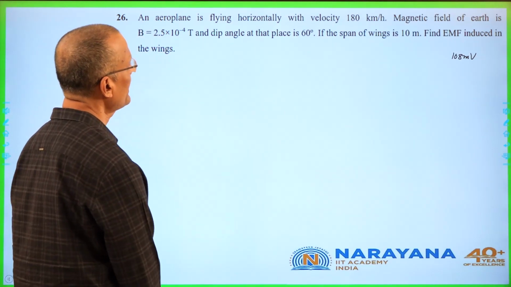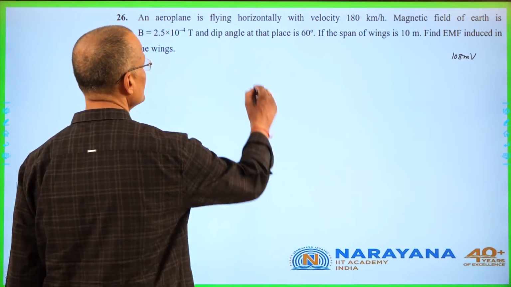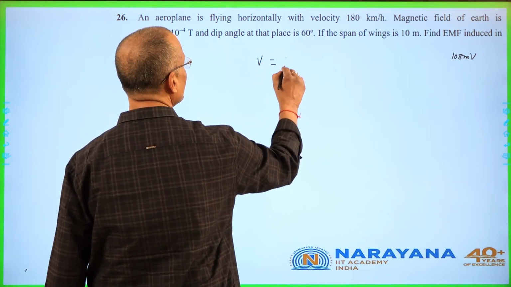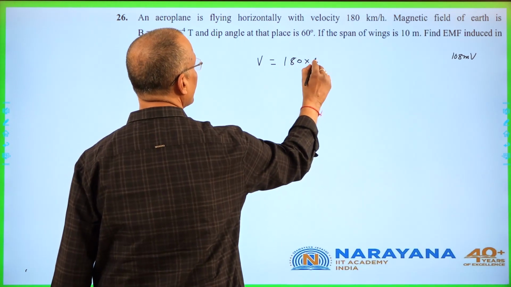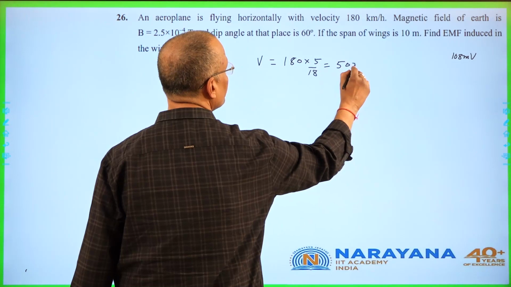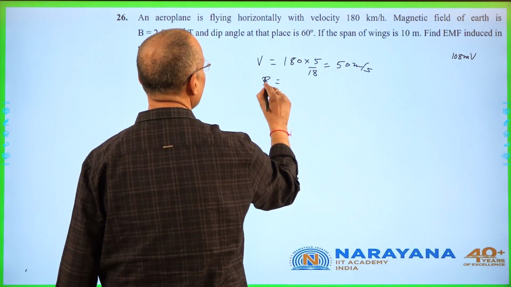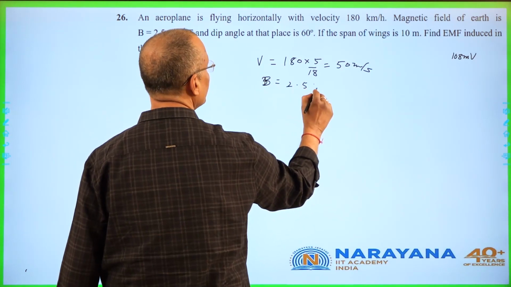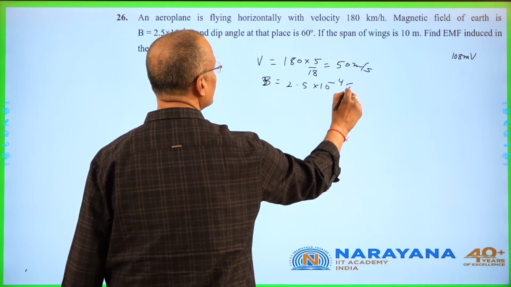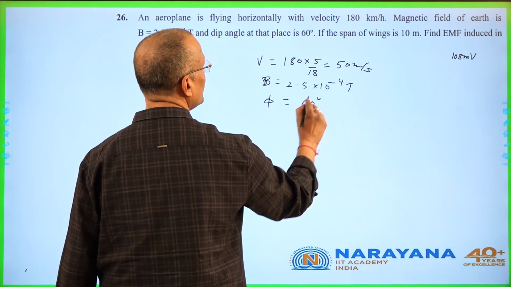An airplane is flying horizontally with velocity. I feel that is the same question we have done. V equal to 185 by 18, it is 50 meter per second. B they have given you 2.5 10 to the power minus 4 Tesla. Dip angle is 60 degree.